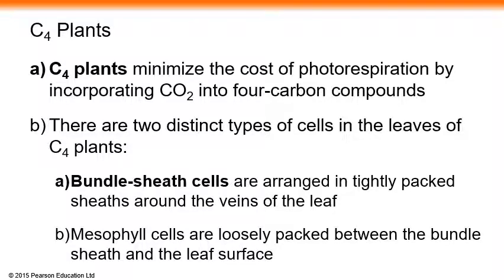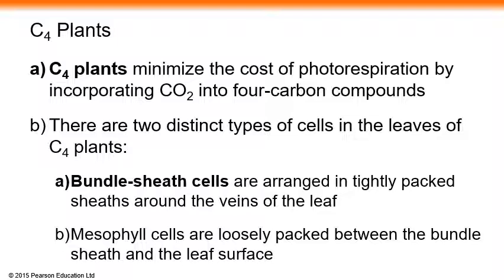But some plants reduce photorespiration, like C4 plants. C4 plants minimize the cost of photorespiration by incorporating CO2 into a 4 carbon compound, not a 3 carbon compound but a 4 carbon compound. That's why we call them C4 plants.